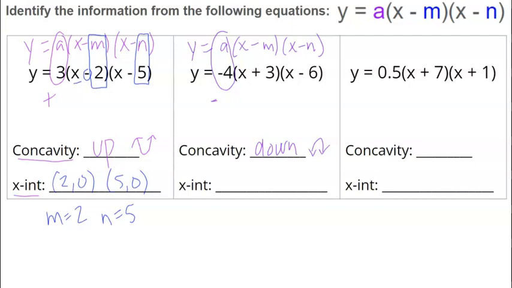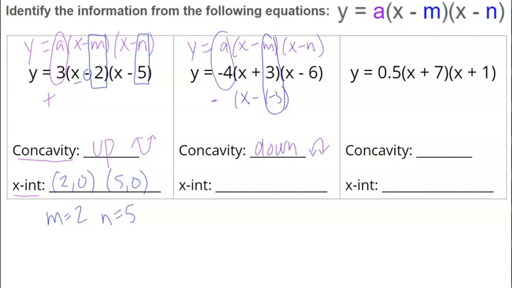And then we need to identify those m and n values, our factors. In that first parenthesis, there is not a minus sign, it's a plus sign. If we rewrite that as minus, it'd be x minus -3. So that m value would be -3, not +3.